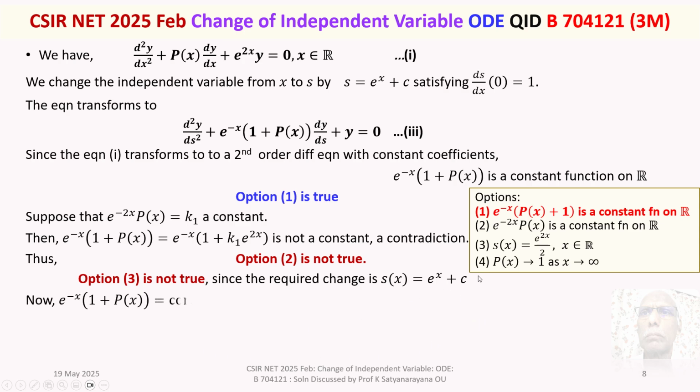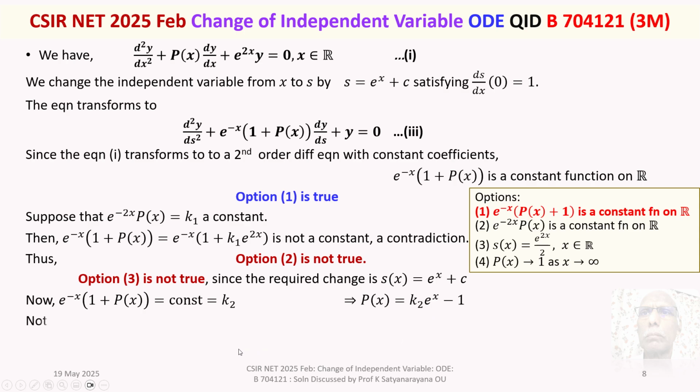Right. Can p(x) tend to 1 as x tends to infinity? So we have e^(-x) into (1 plus p(x)) is a constant, let us say k2. From this, 1 plus p(x) is equal to k2 into e^x. p(x) will be equal to k2 e^x minus 1. Now, can this tend to 1 as x tends to infinity?